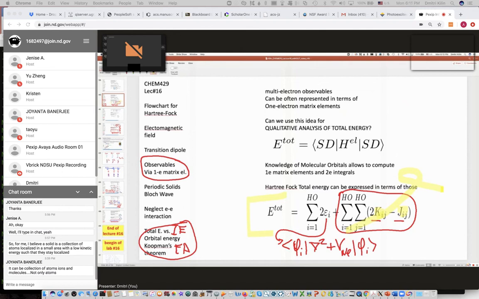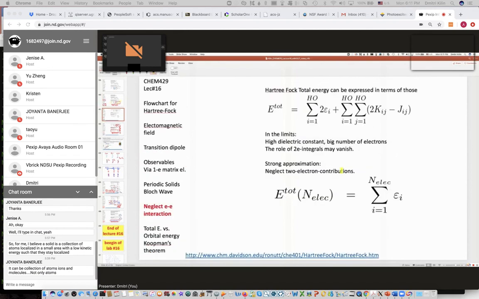So if you do it this way, in a very rough and approximate way, neglecting two-electron contribution, the total energy of a system with capital N electrons will be the summation of the orbital energy on each of the occupied orbitals.